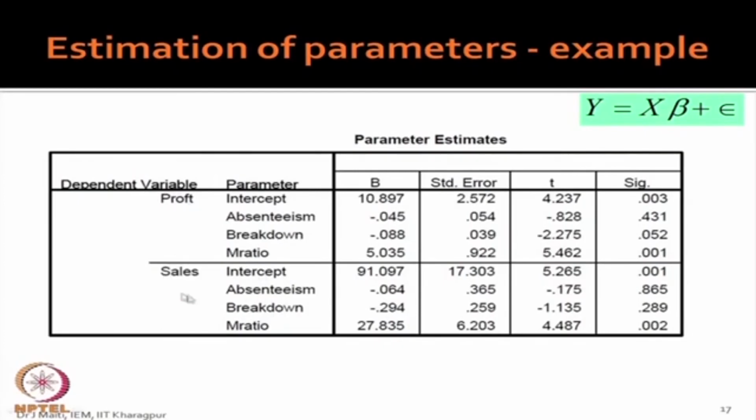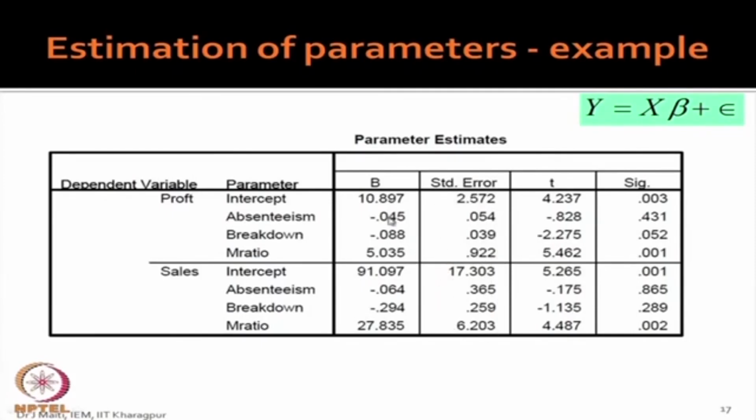From the sales point of view, even breakdown hours do not come out significant. So, these are the coefficients: this side is beta 1, this is beta 2, this is the standard error part, and this is also the standard error for this.